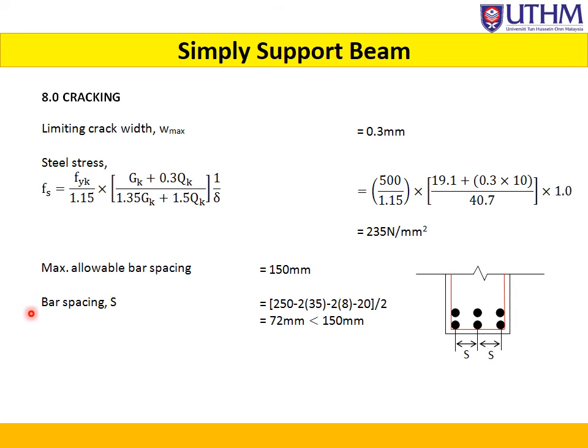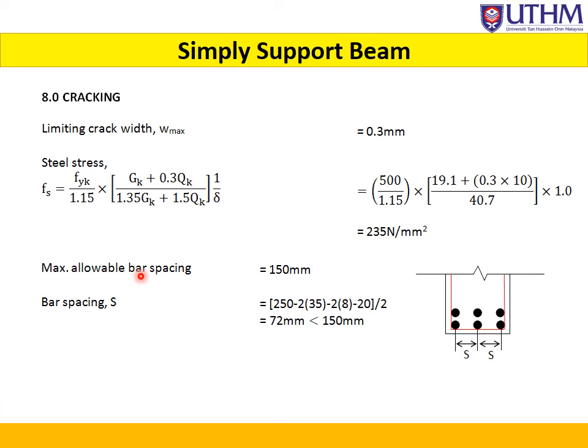Now we verify cracking on beam. For XC1, limit crack width is 0.3 mm. We'll calculate the steel stress using this formula. This lambda is modification factor for moment. We don't do any modification for moment, so our lambda value is 1. When we get our steel stress, we can refer to table 7.3N to get maximum allowable bar spacing.